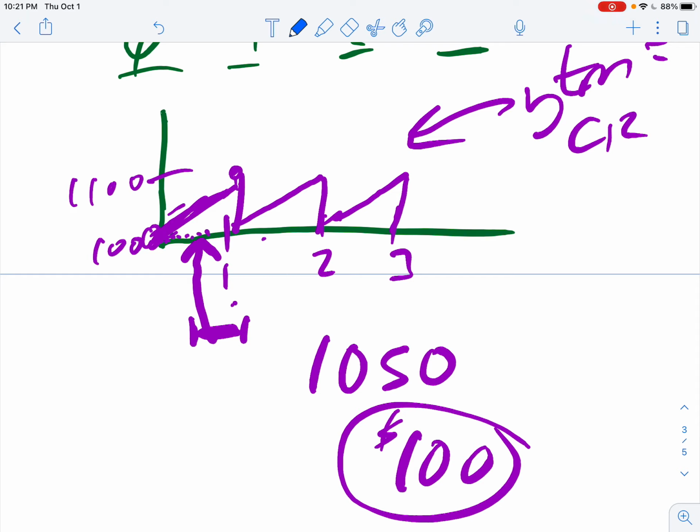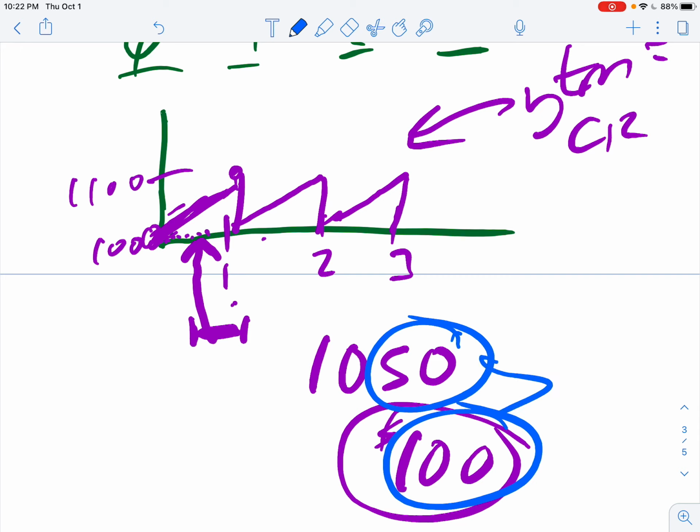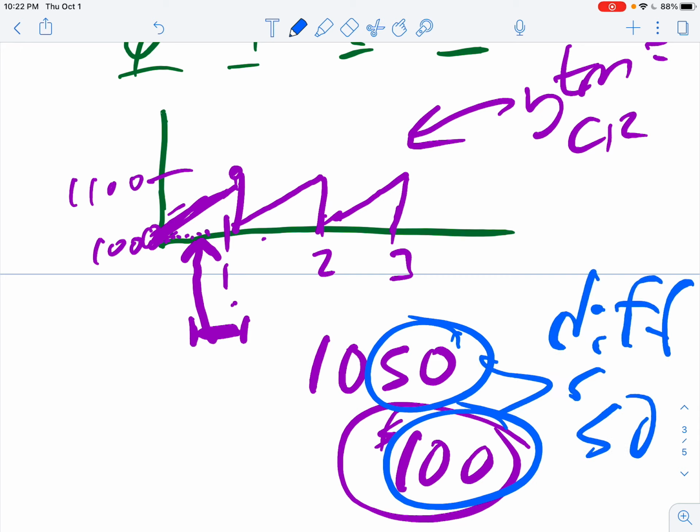So if you think about it, when they get the $100, that's $50 more than what they paid. So the difference between this and this, right, the difference is obviously $50. Okay?